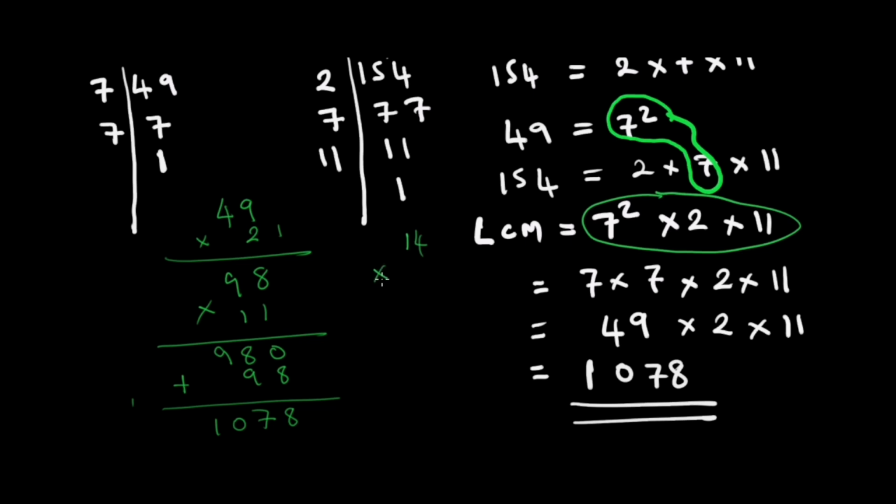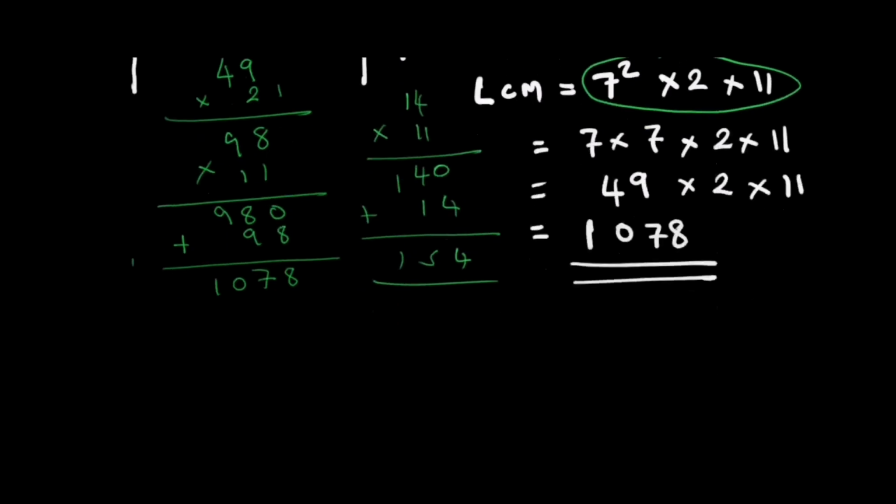Then 14 times 11, with a placeholder 0. 1 times 4 is 4. 1 times 1 is 1. 1 times 4 is 4. 1 times 1 is 1. If we add this, we get 154, which is not the answer you got. This means you have to evaluate your answer to see how you got it, because 7 squared times 2 times 11 is equal to 1078.